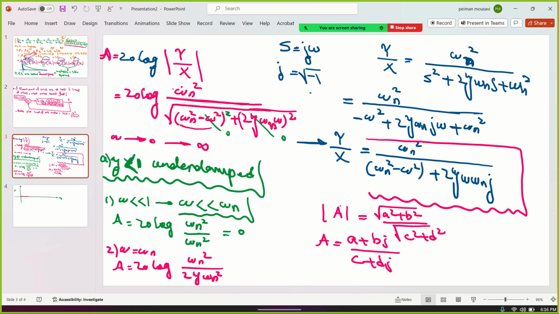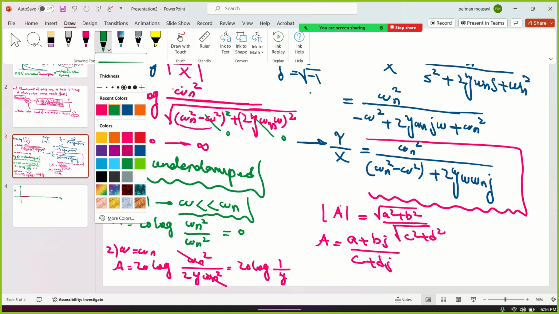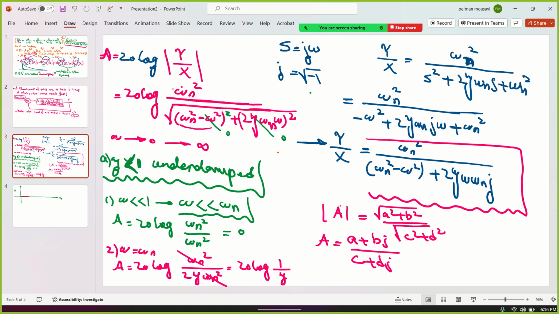So the omega with the omega n goes away, and you're gonna have 20 log of 1 over zeta. But here's the point from high school, not even university level: zeta is underdamped, it's smaller than 1, so this ratio is gonna be greater than 1. Log of any number greater than 1 is gonna be positive.